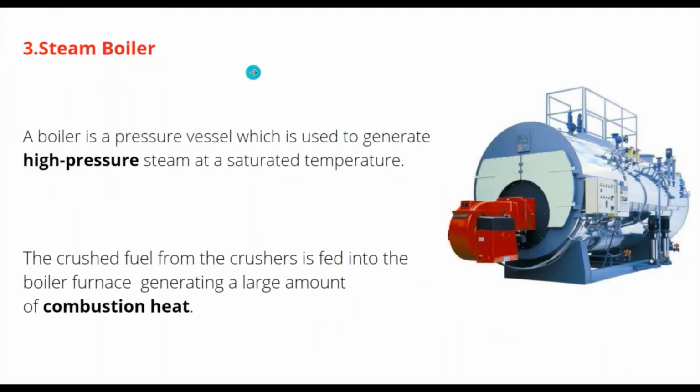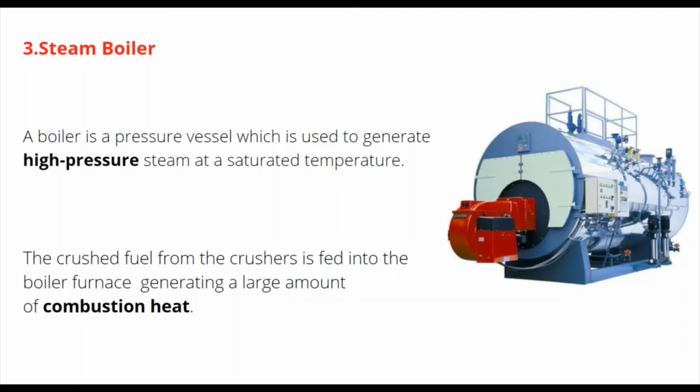Next one, the steam boiler. A boiler is a pressure vessel which is used to generate high pressure steam at a saturated temperature. The crushed fuel from the crushers is fed into the boiler furnace, generating a large amount of heat.